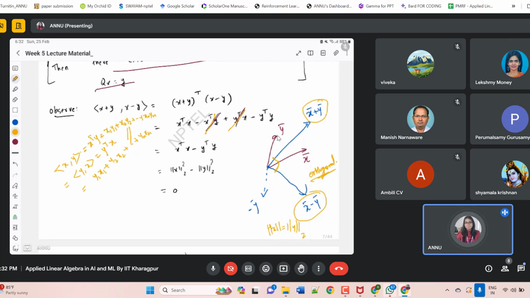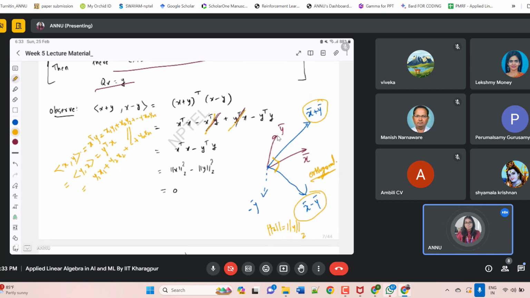Now try to relate that to whatever we studied just 5 minutes before. We studied that if we have the plane of V and a perpendicular set of vectors, then the reflection was what? U was the perpendicular vector. So Q was nothing but I minus 2 U U transpose divided by mod of U square.